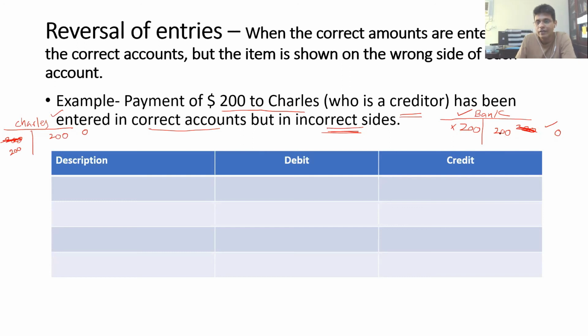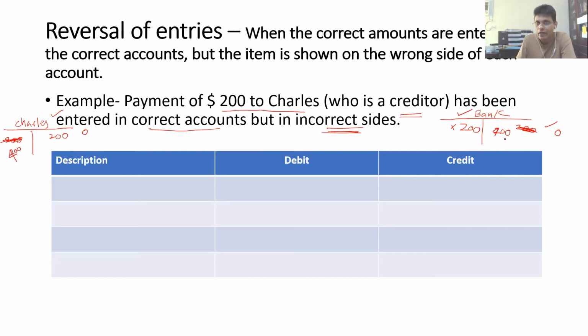If you credit 200, that's correct. You have to credit the bank account and you have to debit the Charles account. But by how much? You need to credit 400 here and debit 400 here. You understand?